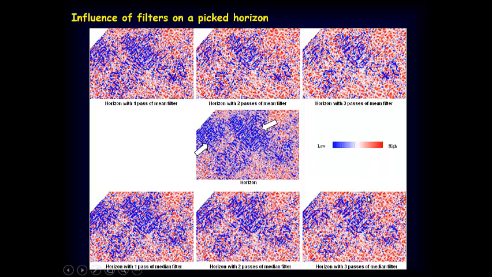But notice that with each subsequent pass of the filter, we are losing some information, the discontinuity information here. Similarly, we are losing that information here also when we have the median filters run on the input surface. But what is important to note is that with the median filter application, we are still seeing many of these features intact, which we may not see on the data with a mean filter.